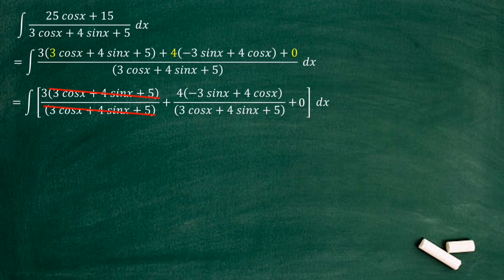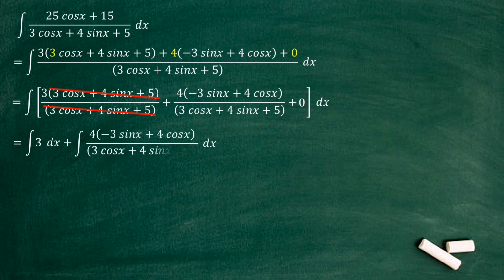So we don't need to simplify this integral using u equals tan x over 2 substitution. Then we can consider integral signs separately. First one, integral 3. Second one, integral 4 within bracket minus 3 sin x plus 4 cos x over 3 cos x plus 4 sin x plus 5.